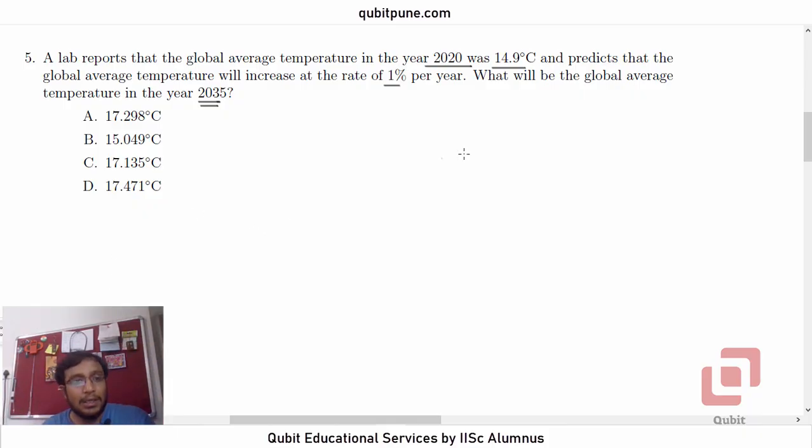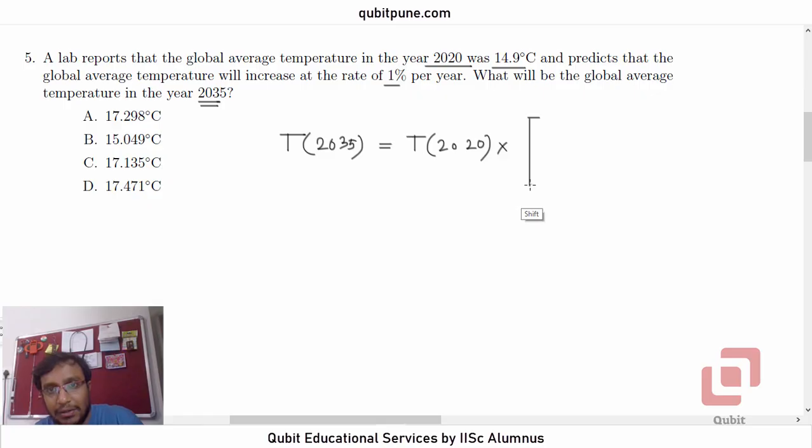Which basically means that the temperature in the year 2035 will be given by the temperature in the year 2020 times, now every time it is increasing at the rate of 1% per year. Now a 1% increase is equivalent to multiplying by 1 plus 0.01.